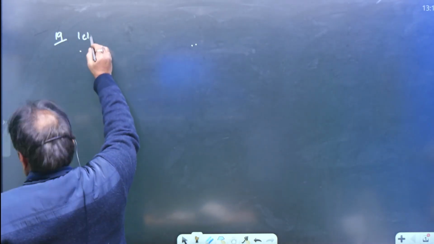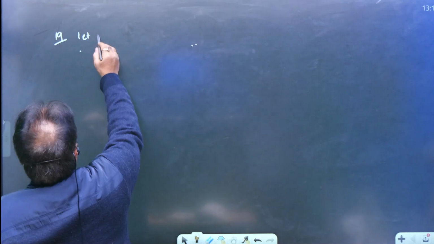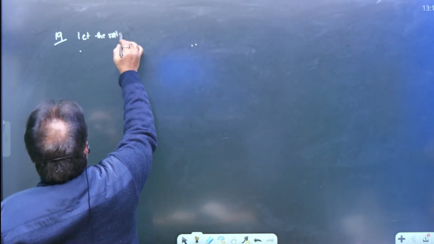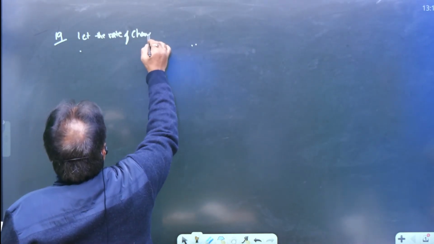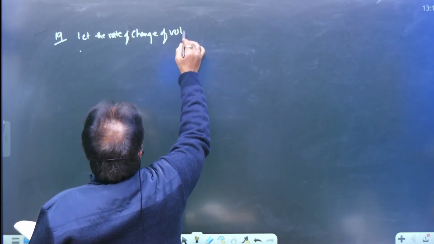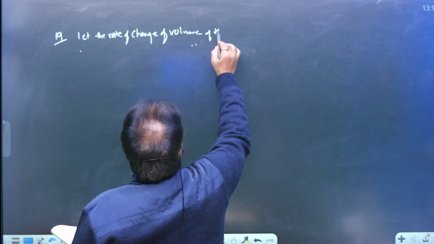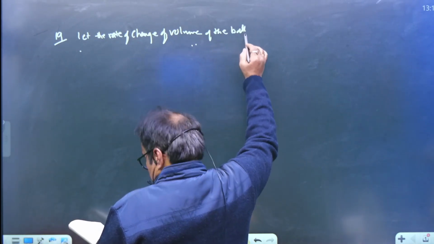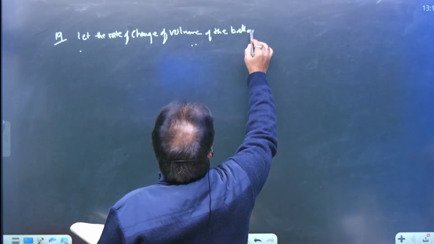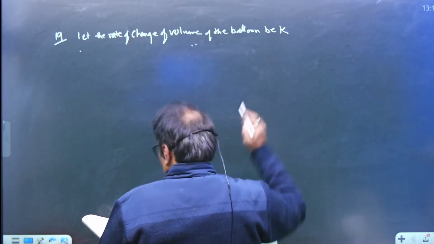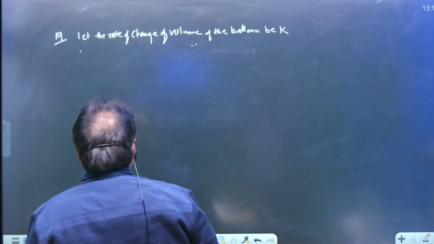Question number 19. Let the rate of change of volume of the balloon be, suppose k, where k is any constant.